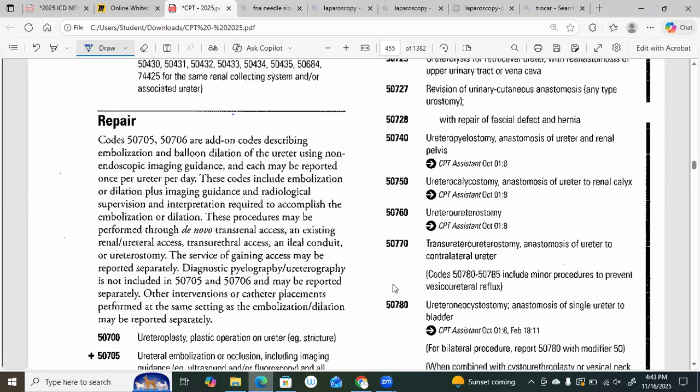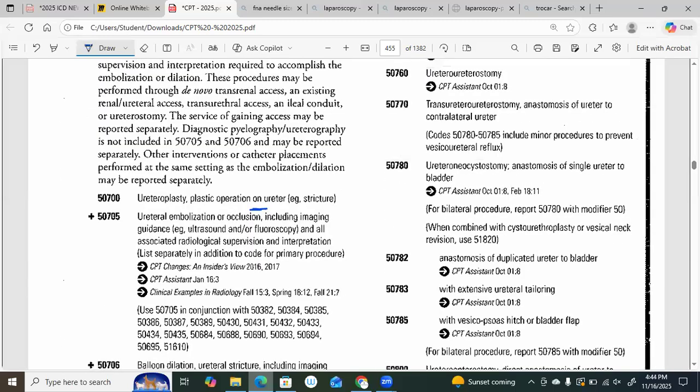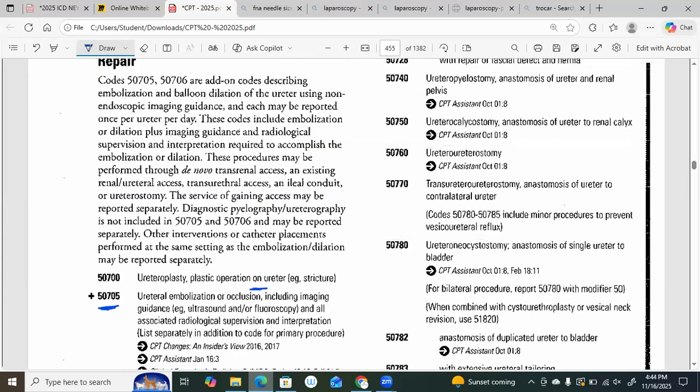So the first code is ureteroplasty, 50700. It's a plastic operation on the ureter. Based on the name itself, you can understand that it's a ureteroplasty. Then we have 50705, ureteral embolization or occlusion.